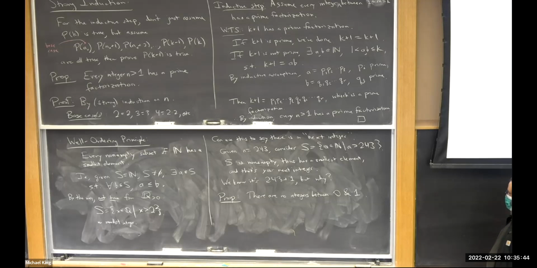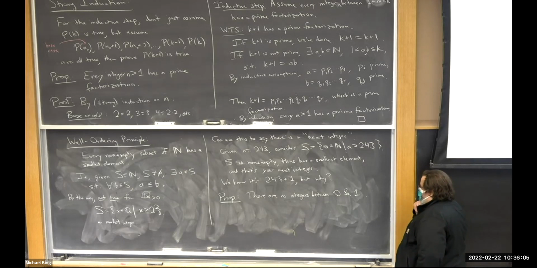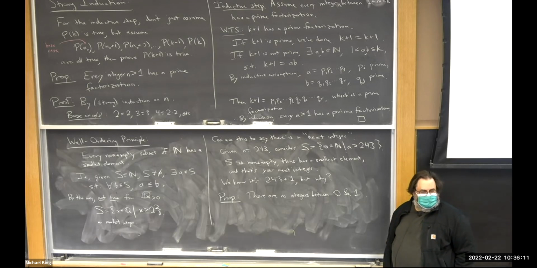But if you say there are no integers between the additive identity and the multiplicative identity, that makes it alien enough that it may become less obvious. Why is there no integer between the additive identity and multiplicative identity? There are rational numbers between them.